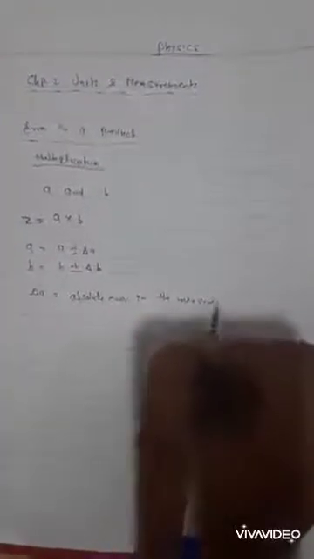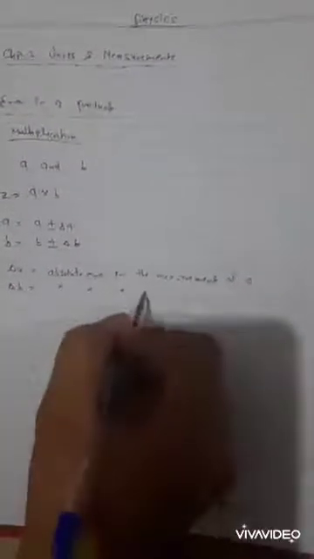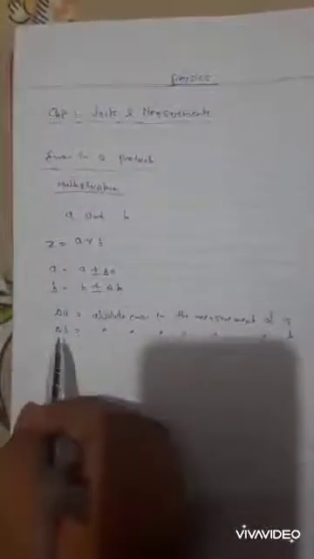So here delta A is absolute error in the measurement of A, and delta B is absolute error in the measurement of B. So it is obvious that if A and B have some error, then Z also has some error.